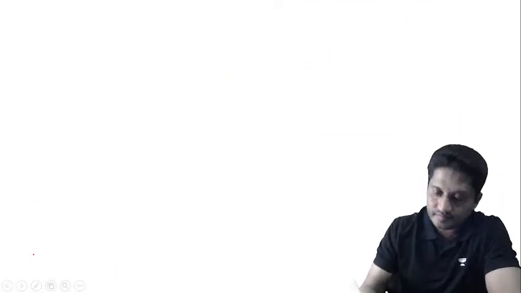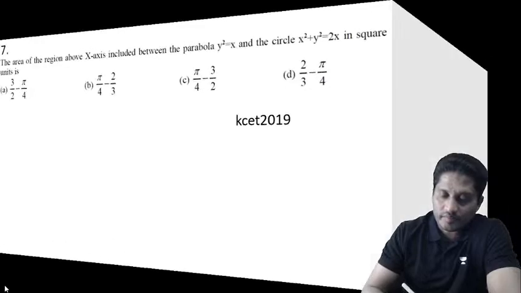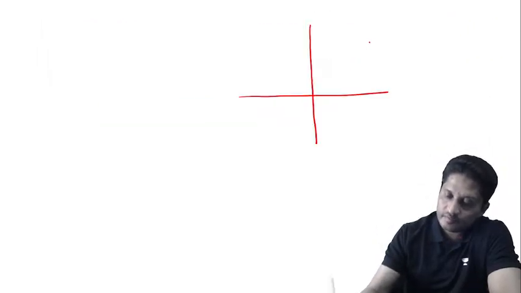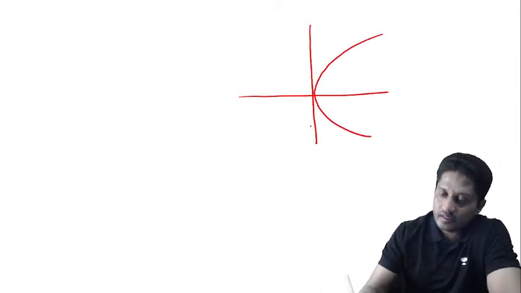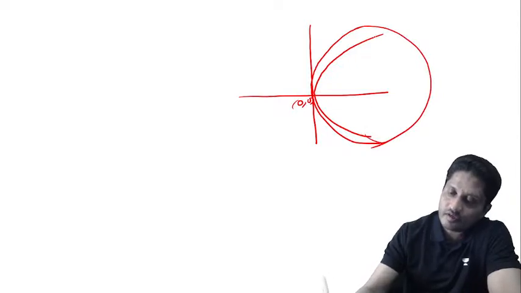Now listen. First, I'll draw the parabola. Parabola y square is equal to 4x is a right parabola. And then you get a circle which will pass through the origin.